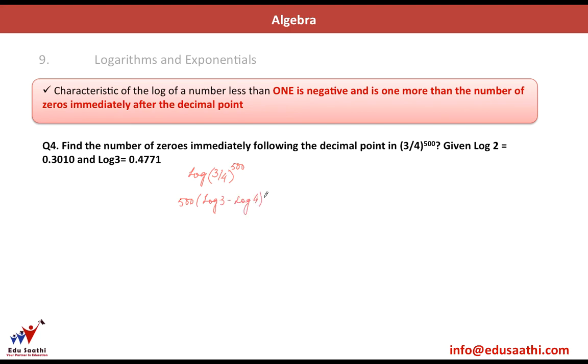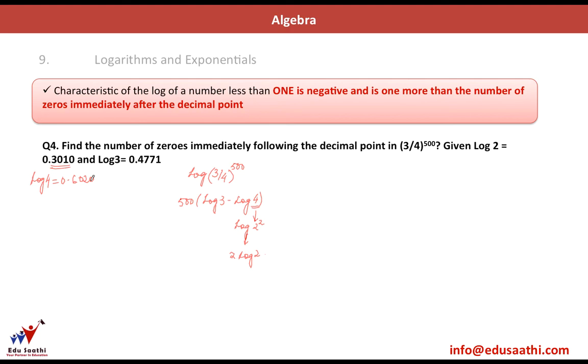Now, the value of log 3 is 0.4771 and the value of log 4 is not given to you. So this log 4 would be written as log 2 square, which I'll do as 2 into log 2. So log 2, I know the value is 0.3010. So log 4 will be a value which will be 0.6020.